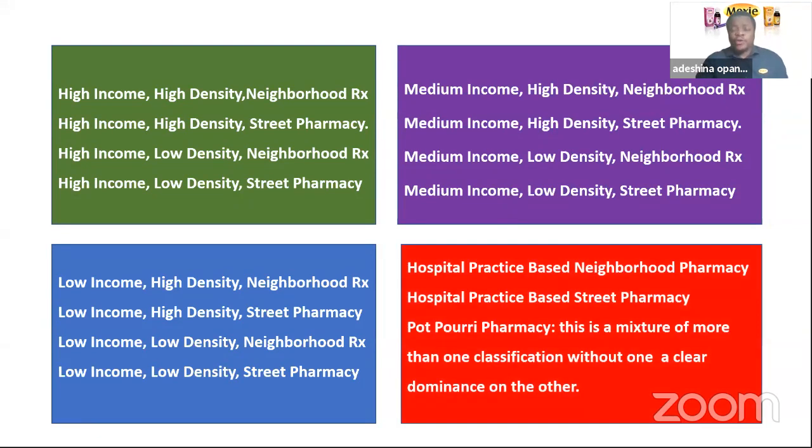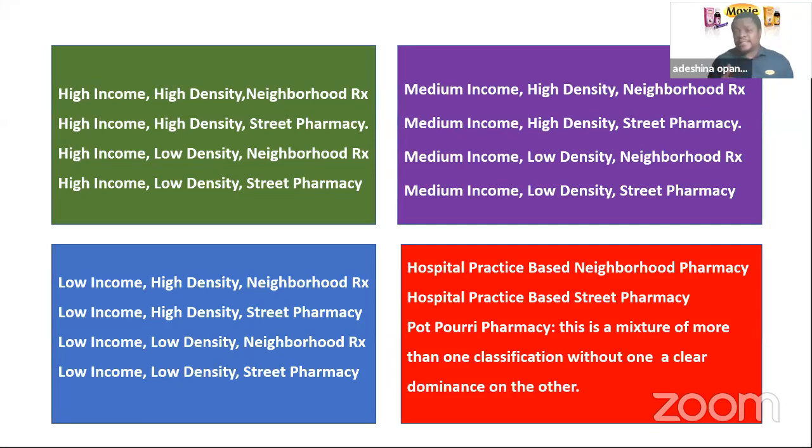And then the last category, according to the classification by pharmacist Abiola Adekunle, founder and CEO of Kunle Ara Pharmacy, Ibadan, 12 years ago, is what you call the hospital practice-based neighborhood and street pharmacy. And that applies to what he practices. He's opposite UCH. There are always pharmacies opposite hospitals.